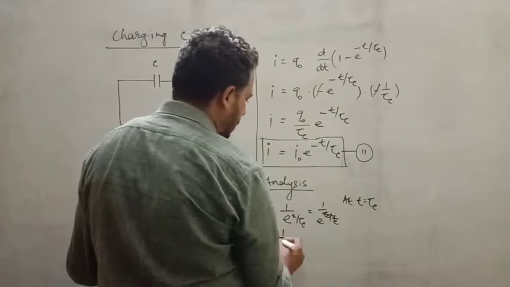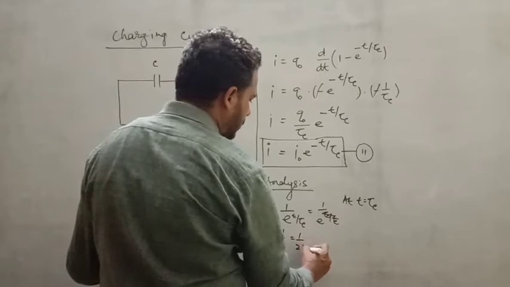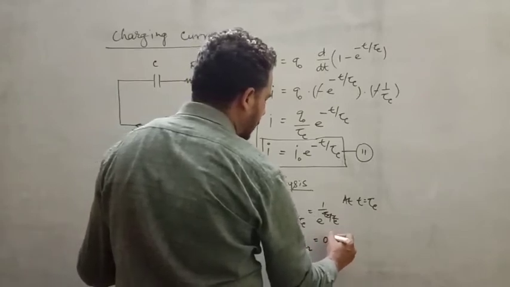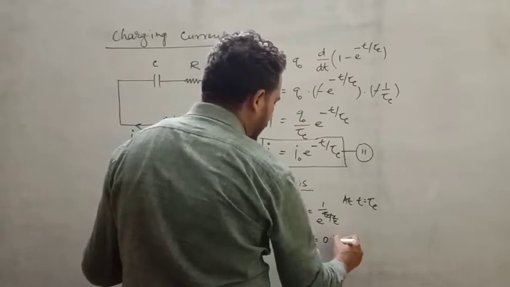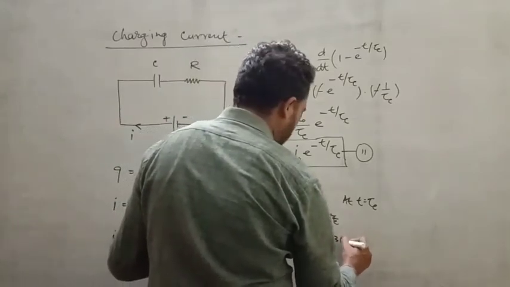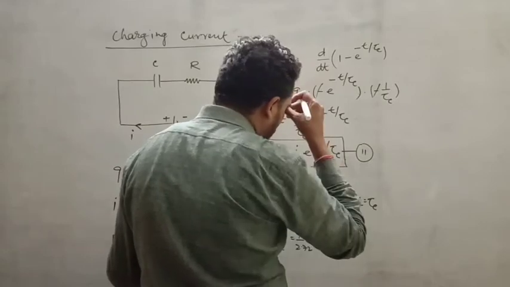Alright, and now the magnitude of e is 1 upon 2.72 approx. So after calculation, here you will get 0.368 approx.